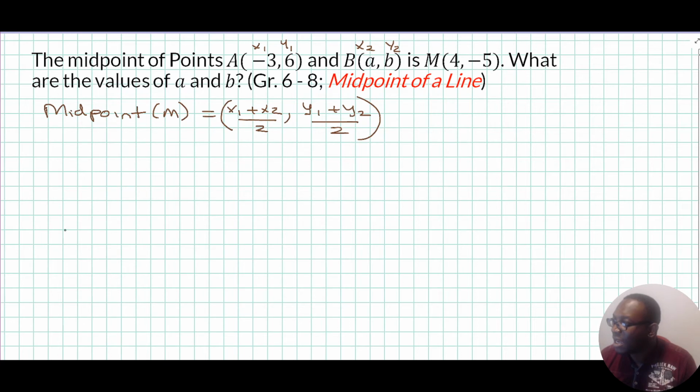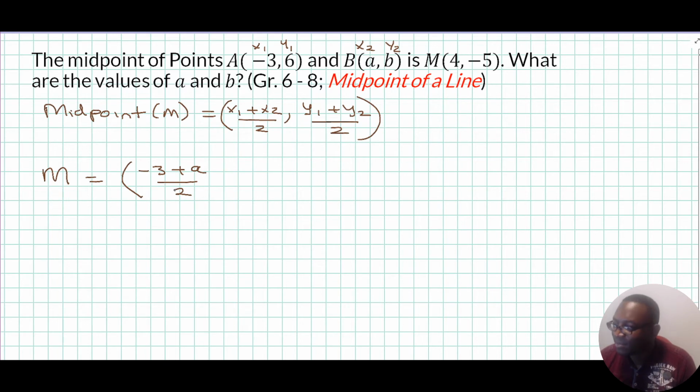So we're saying here that our midpoint, let's make this m, is going to be x1 plus x2 over 2: x1 is -3 plus a, over 2.